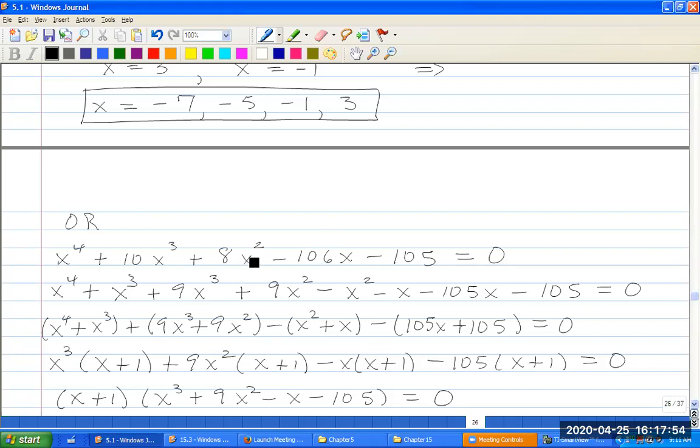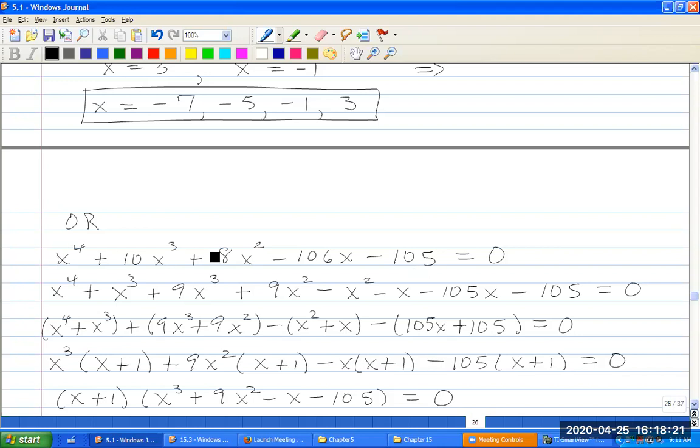Let's add up the even ones. 1 plus 8 is 9, minus 105, negative 96. Those are equal. So what that means is I have a factor of x plus 1. So I should try to rewrite these so I can factor out the x plus 1.